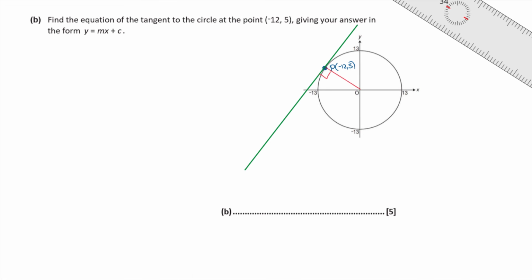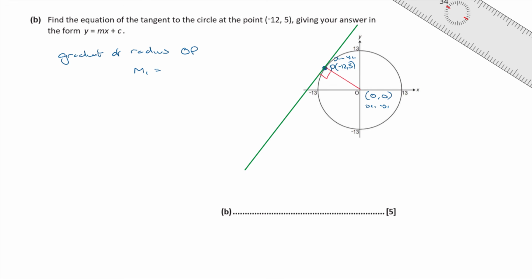Okay, so that's my plan. Let's put it into action. Step 1, find the gradient of the radius, which is OP. Let's call it M1. So remember, the origin is 0, 0, which I'm going to call x1, y1, and P is minus 12, 5, which I'm going to call x2, y2.